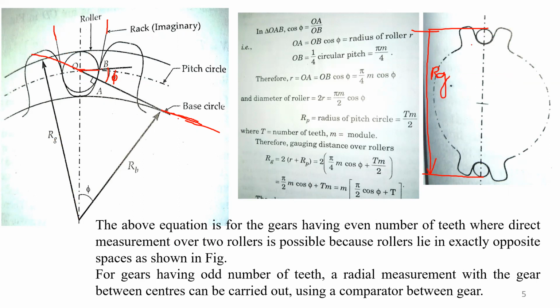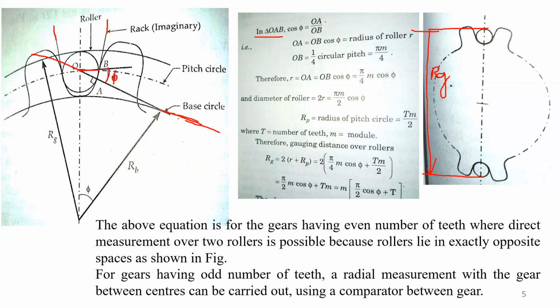So the rollers are placed symmetrically in two opposite tooth spaces of the gear. Now this OAB forms a triangle. From this triangle OAB, what is the pressure angle?